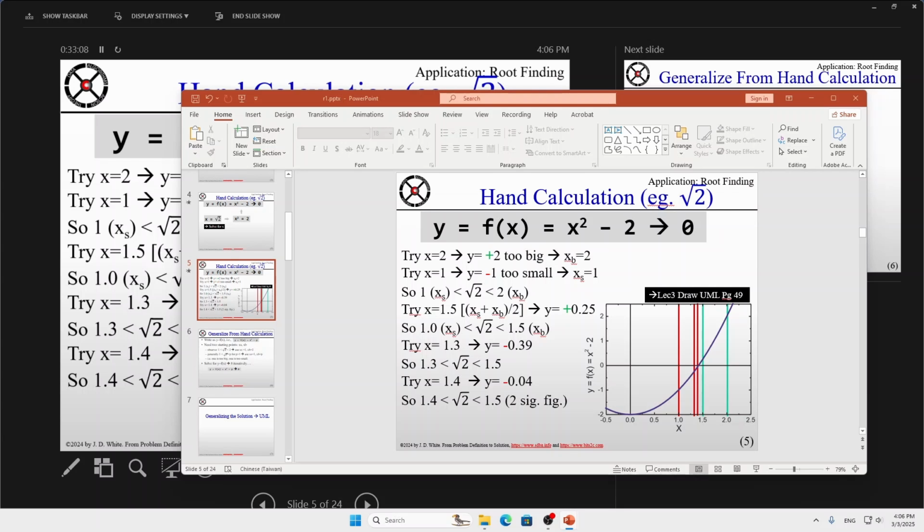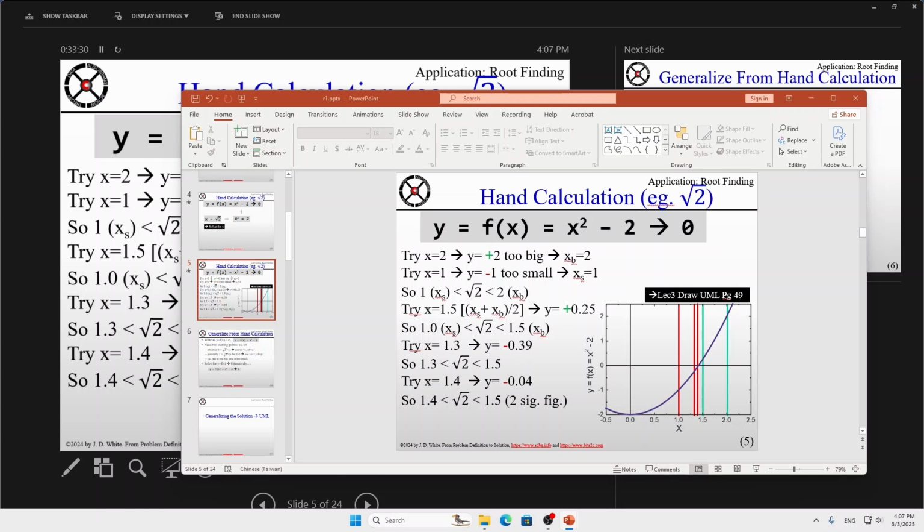I next go along here, I come up here, I try to add them together. 1 plus 1.5 divided by 2 equals 1.3. Okay, to one significant figure, 1.3. Okay, I do the calculation. I find that y is a negative number.